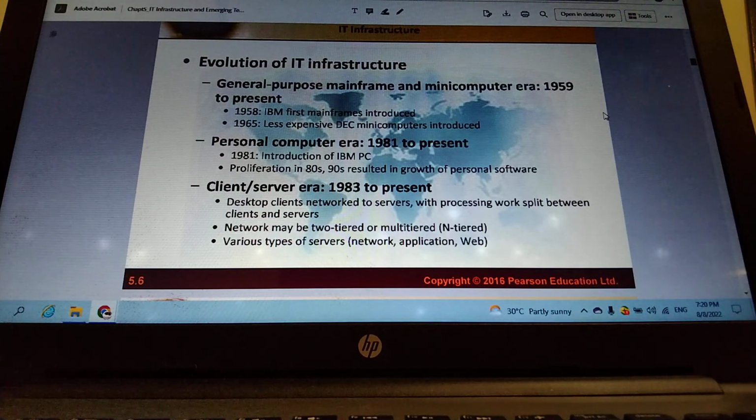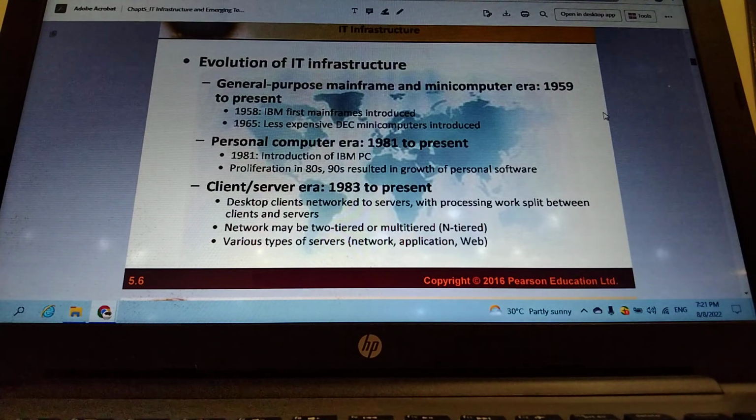PCs, or personal computers, what we call desktops today, started to appear somewhere in 1981 to the present. IBM was again responsible for introducing the very first PC in 1981, and since then we have seen very much progress in the PC industry until what we have today: laptops, desktops, tablets, and so on.